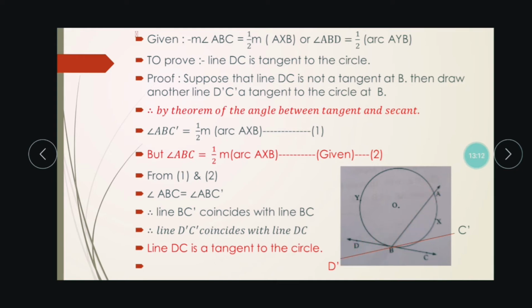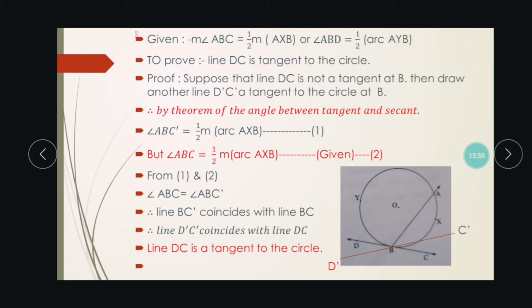Now here the line BC dash coincides with line BC. That is, line D dash C dash coincides with DC.